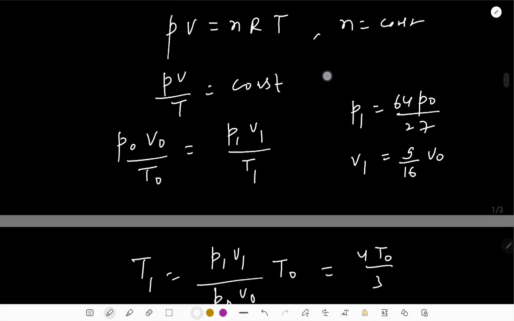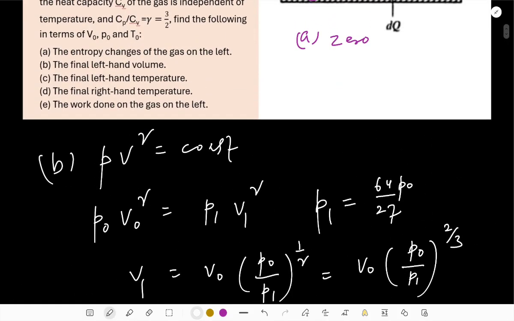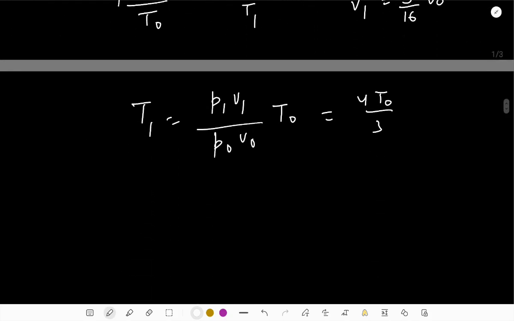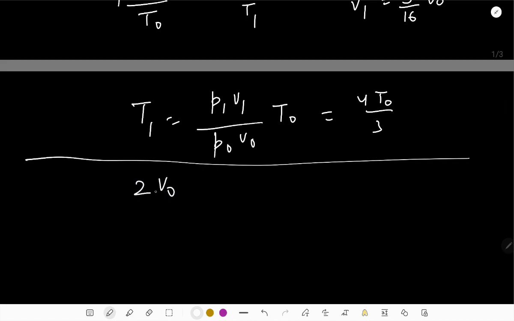So what about the second last problem, the final right hand temperature? And this is also easy to calculate, because we know that the total volume of the gas is constant, and it is 2 V0 initially, and it will be finally V1 plus V2, that means the total volume remains constant.